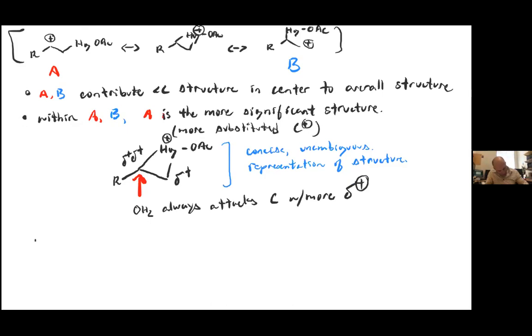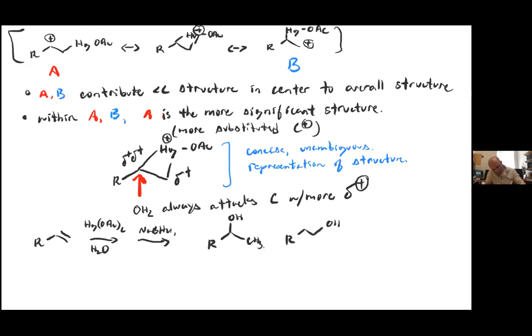If I have an unsymmetrical alkene and I do the oxymercuration reduction, I always form the more substituted alcohol. The less substituted alcohol is never formed.